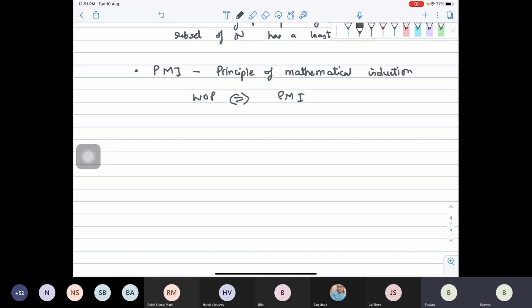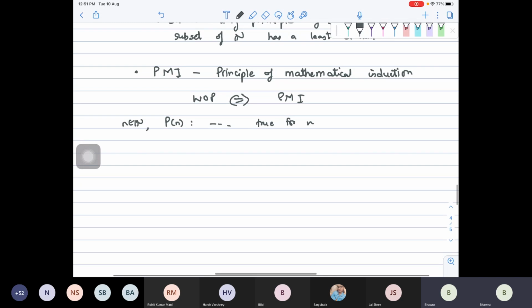While solving questions using the principle of mathematical induction, what do we usually do? We say P(n) is a statement, some relation involving n, for n belonging to N. In order to prove P(n) is true for all n, we usually show two things.